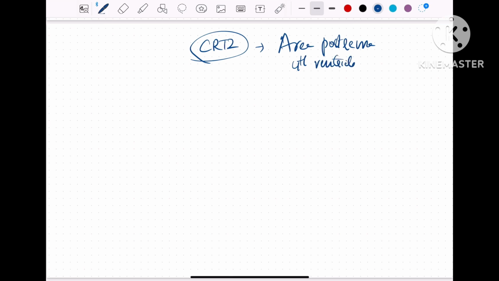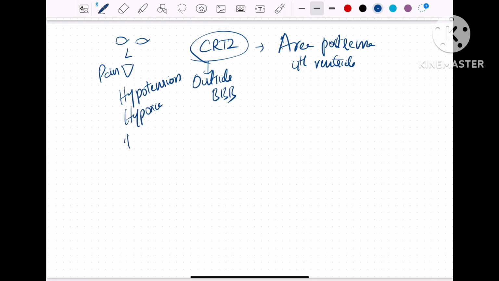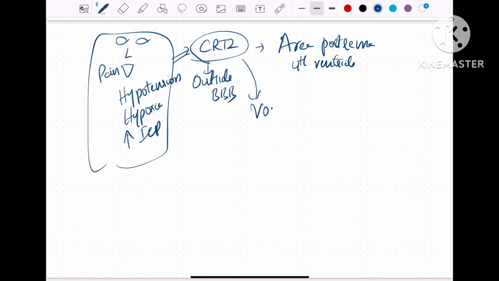It is located outside the blood-brain barrier, and it is easily triggered by various stimuli like sight, smell, taste, pain, hypotension, hypoxia, and raised ICP. All these stimuli will trigger the chemoreceptor trigger zone, which in turn triggers the vomiting center.